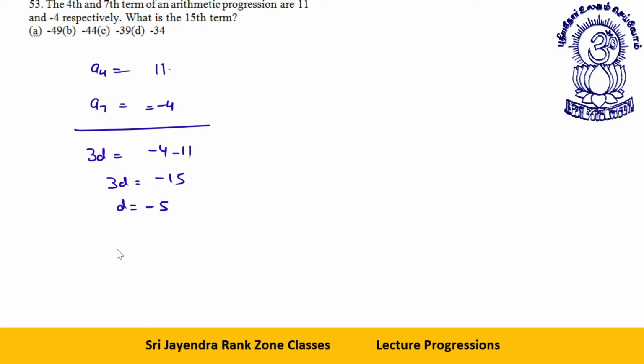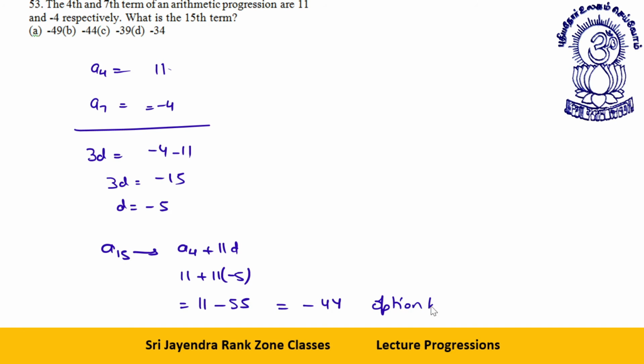D is equal to minus 5. What will be A15? A15 will be A4 plus 11D, or 11 plus 11 into minus 5, which is minus 55. Option number B is the answer.